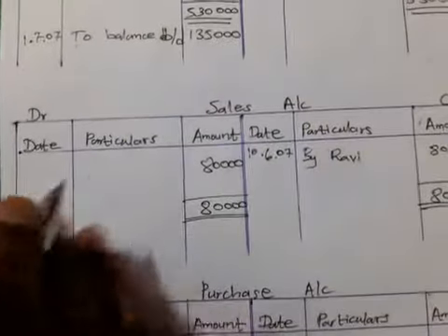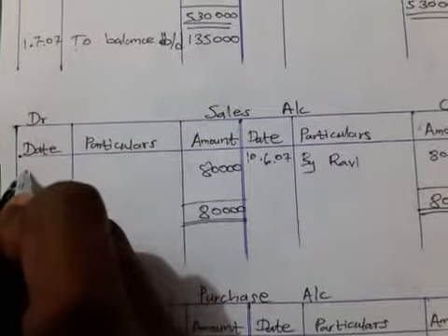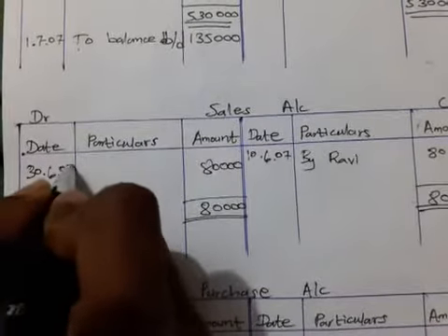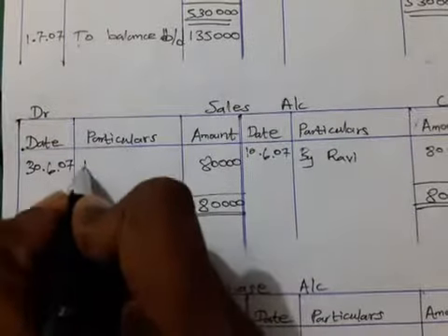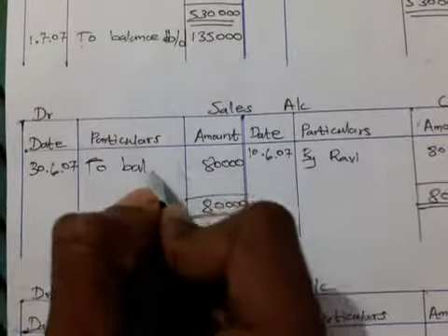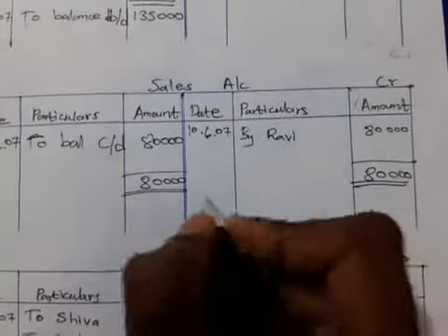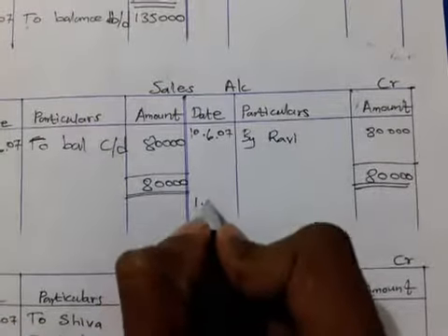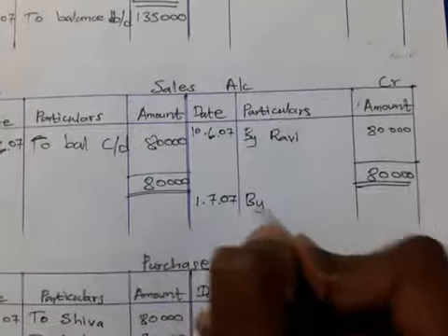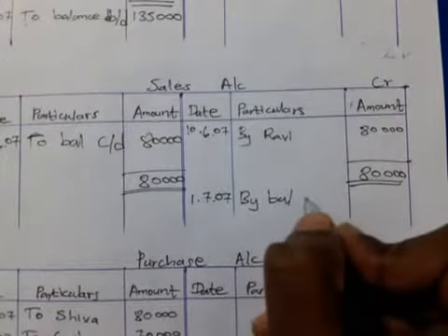At the end of the financial year, it has to be carried down, 30/6/2007, to balance carried down. It will be recorded here, 1st 7th 2007, by balance brought down.